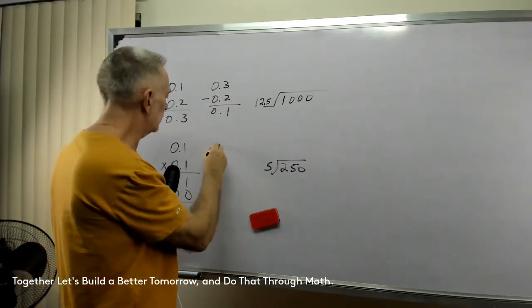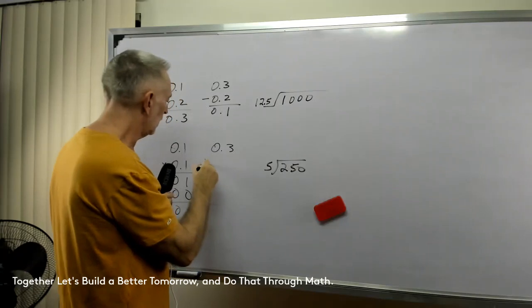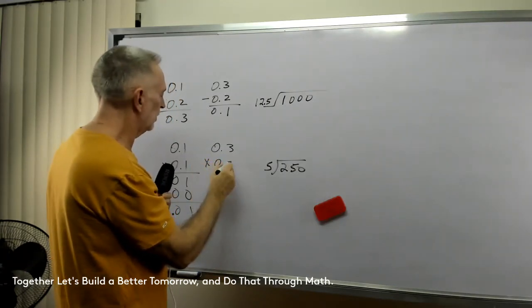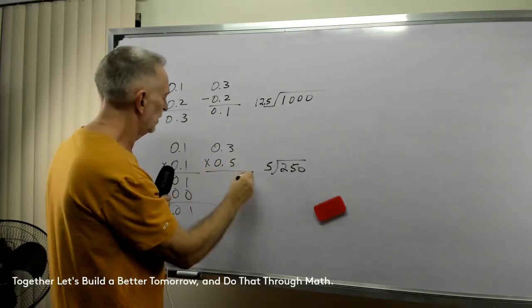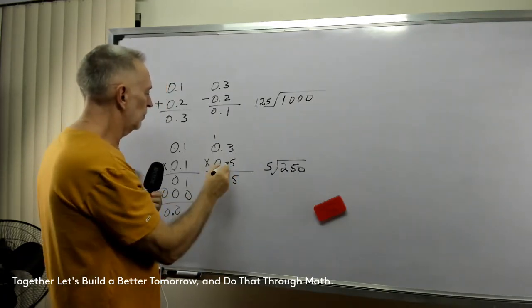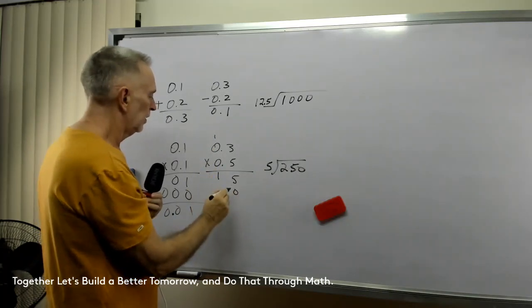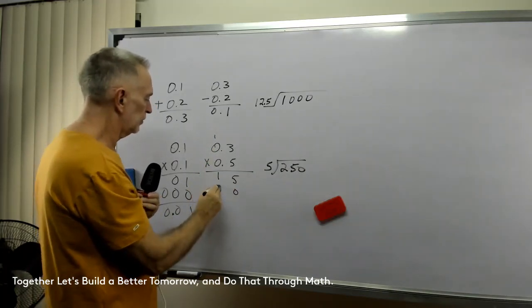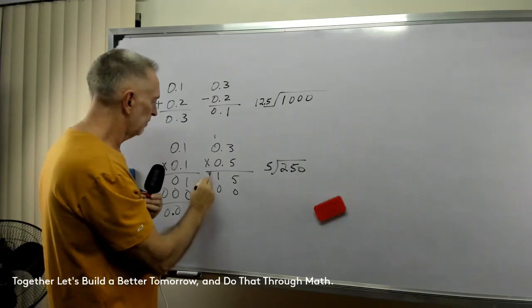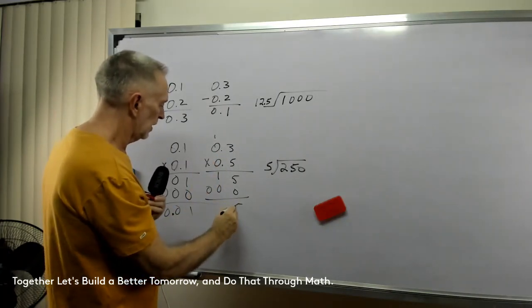So let's say we have 0.3 times 0.5. 5 times 3 is 15. Carry the 1. 5 times 0 is 0, plus 1 is 1. Drop a 0 in. Now I have 0 on everything here, right? 0 times 3 is 0. 0 times 0 is 0. Add that up.